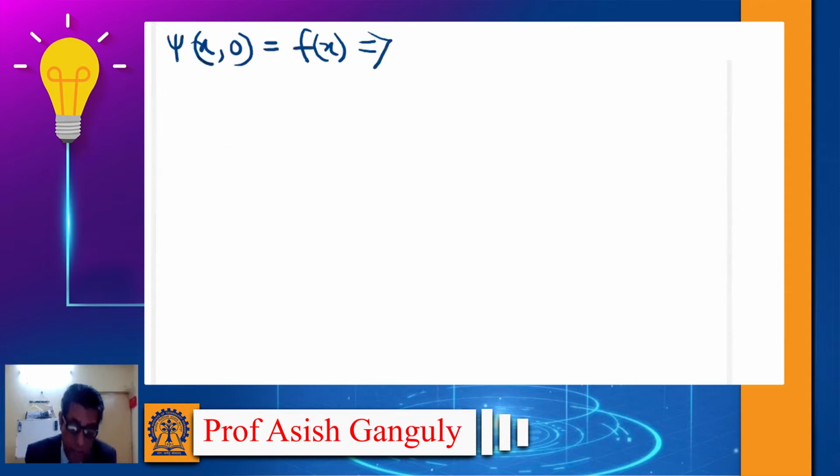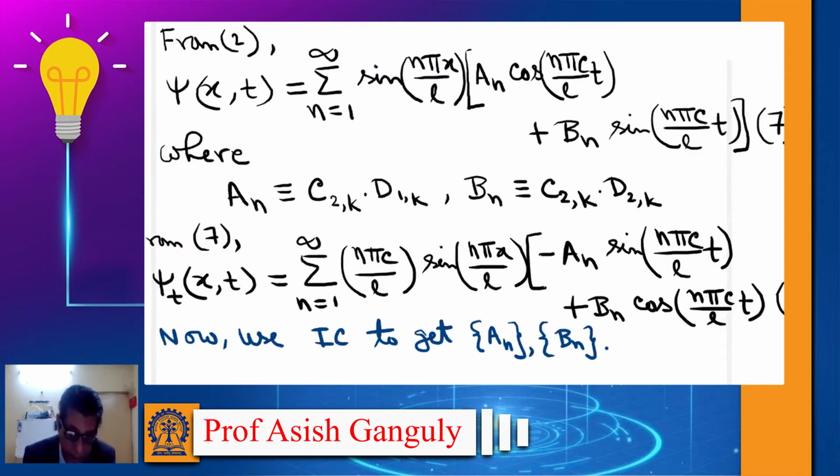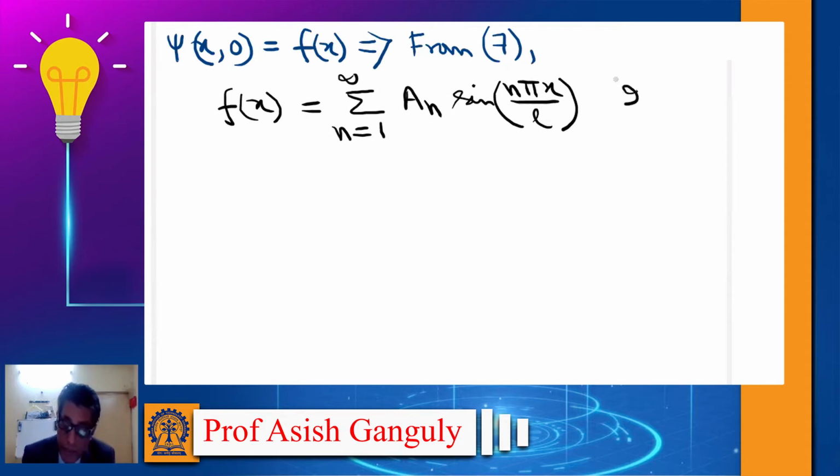So from 7, you will get f x equal to summation n equal to 1 to infinity An sine n pi x by L. Let me label it as 9.